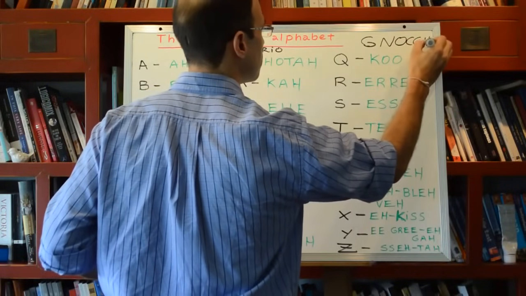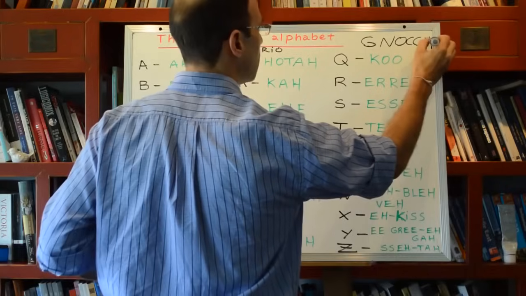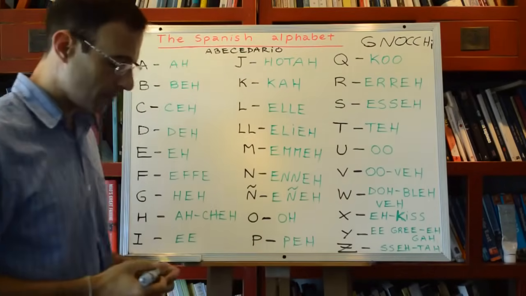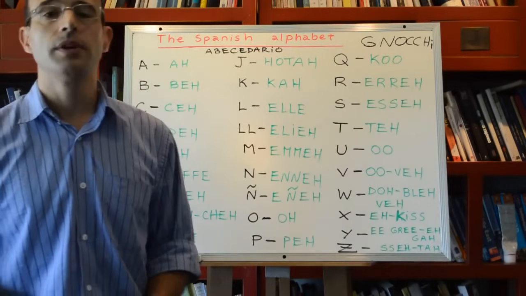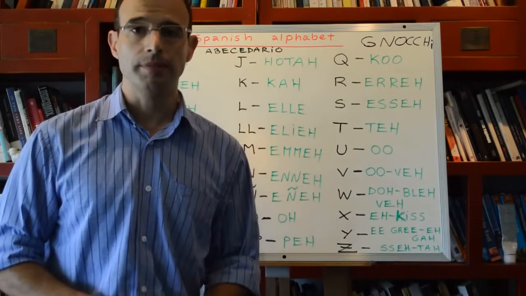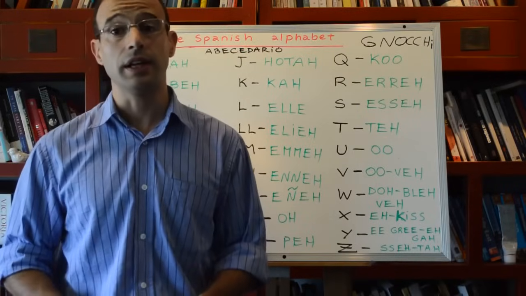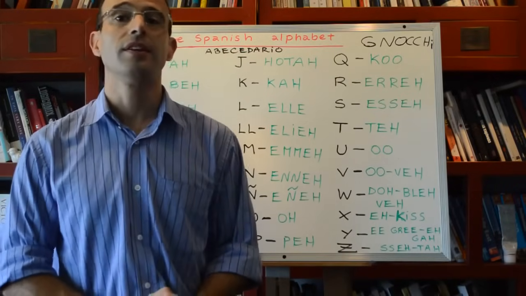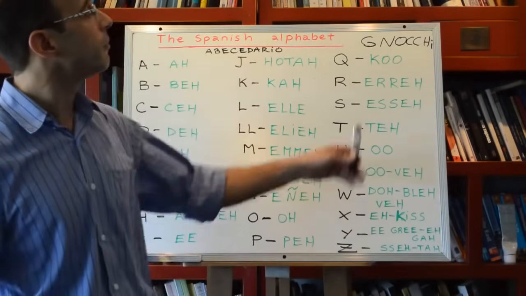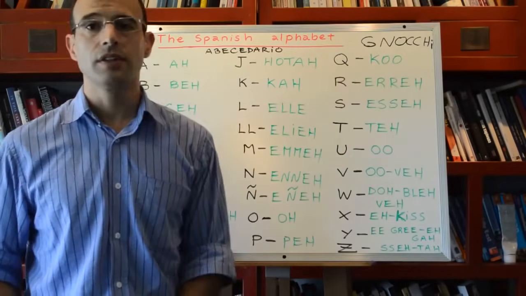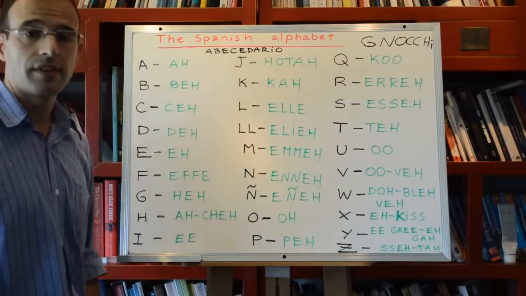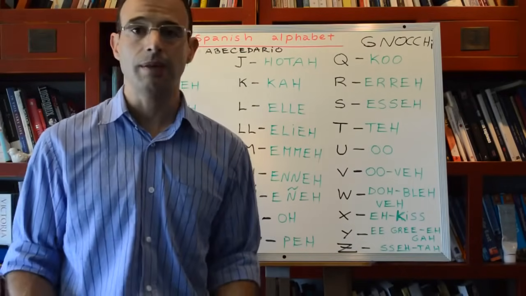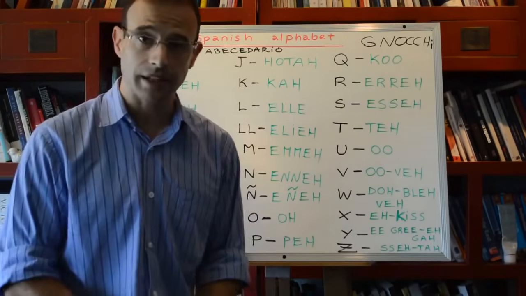Gnocchi is a variety of pasta. I know there are many Italian communities in the United States, so maybe some of you are familiar with the ñ sound from Italian. The ñ is exactly the same as the sound from Italian.